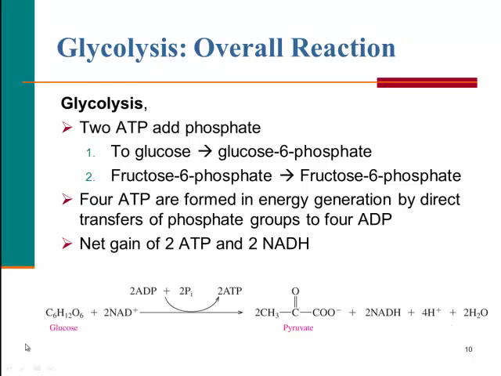So this is the summary reaction of glycolysis that basically takes all the steps we just talked about and summarizes them in a very concise way. So this is glycolysis, the initial breakdown of glucose for energy.